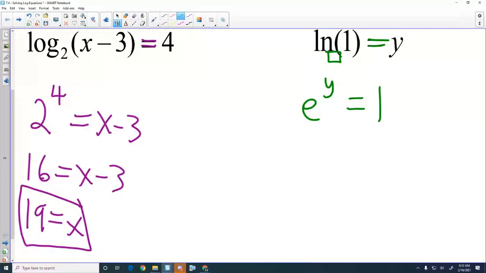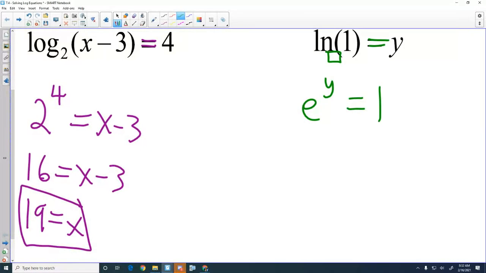Can we solve this? E to some exponent equals 1. What exponent can you raise anything to and you get a 1? Anything raised to the 0 power will always equal 1. E is some decimal, right? 2.7. Doesn't matter.